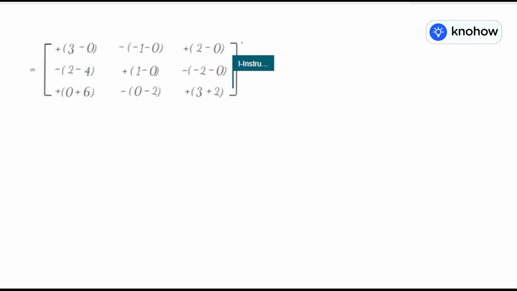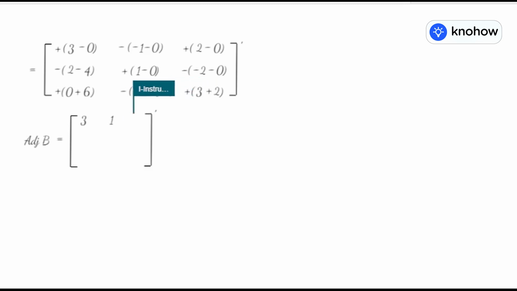So you get adjoint B we are trying to find out, transpose of, by working out the numbers in the previous step, you get 3, 1, 2, 2, 1, 2 and the elements of the third row will be 6, 2, 5.